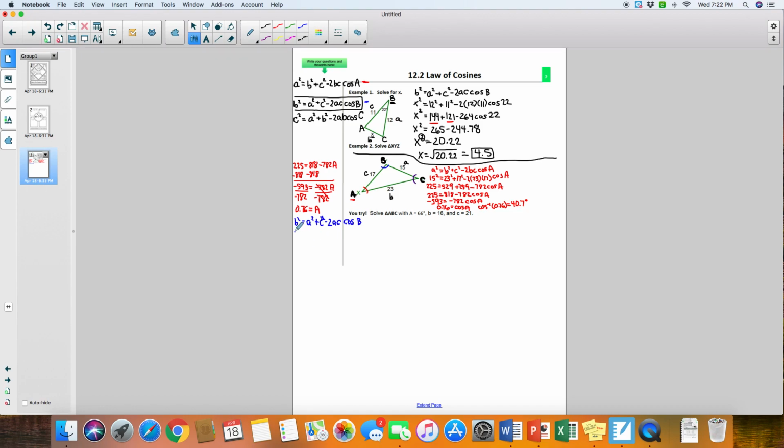Little b is 23, so that's 23 squared. Little a is 15. Little c is 17. 17 squared minus 2 times 15 times 17 cosine of angle B.